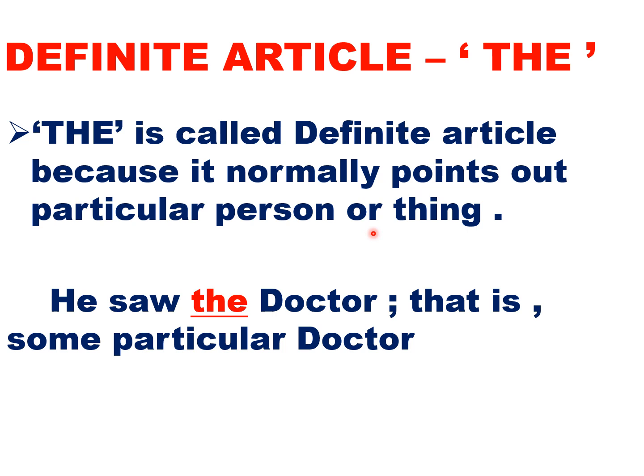This is the difference between the definite article the and the indefinite articles a and an. An example for the definite article is: He saw the doctor, that is, some particular doctor. When we refer to some particular doctor, we have to use the definite article the.